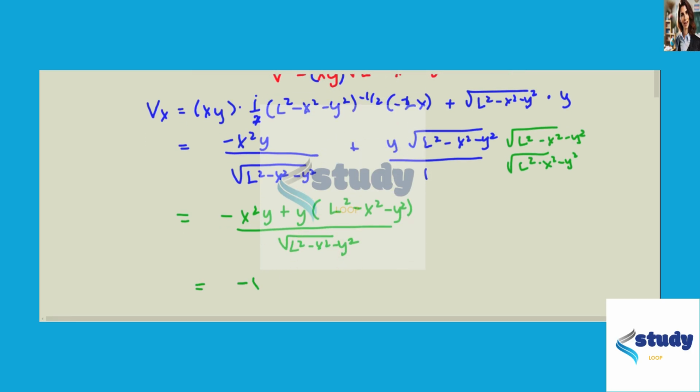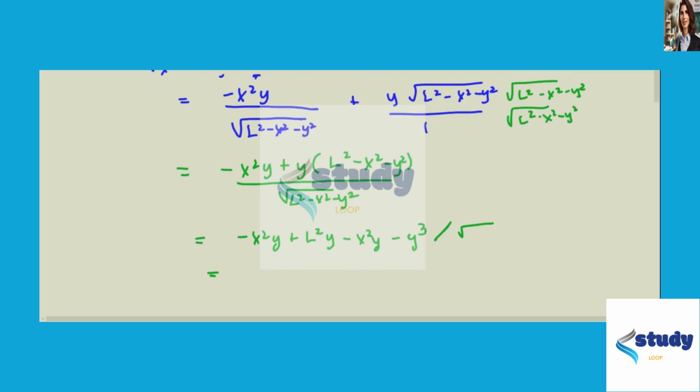So we get minus x squared y plus L squared y minus x squared y minus y cubed, all over that square root. So minus 2x squared y plus L squared y minus y cubed over that square root.